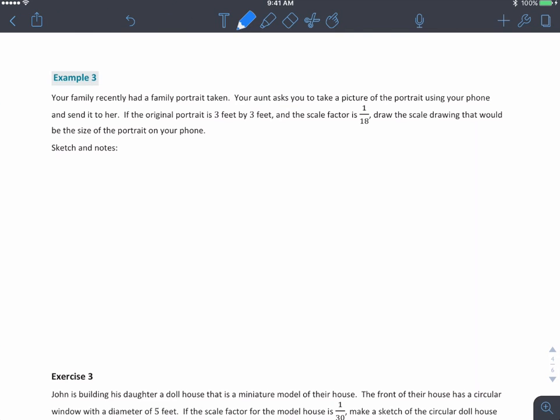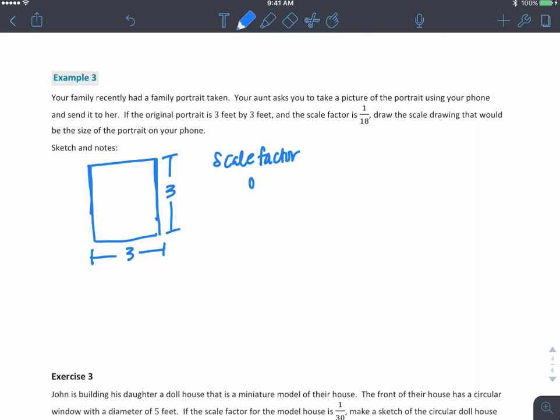For example, you would draw out the original portrait, and it says the original portrait is 3 feet by 3 feet. So this would be 3, and this would be 3. And then a scale factor of 1 over 18.